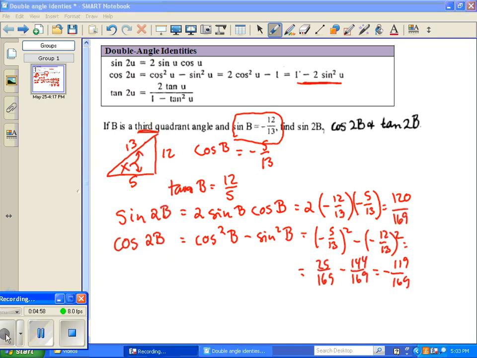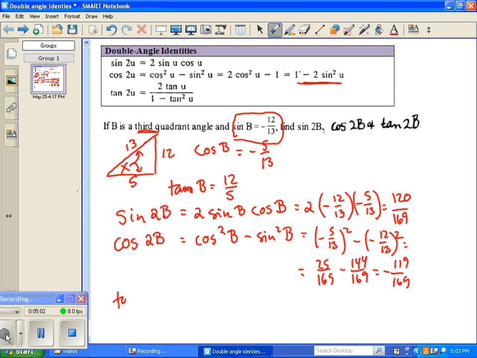Okay, so the last part of this problem is to find tangent of 2B. So as we look at our table, for tangent of 2B, we only have one choice. So that would be 2 times tangent of B over 1 minus tangent squared of B. Okay, so we have found what tangent is equal to, so we just need to plug that in.